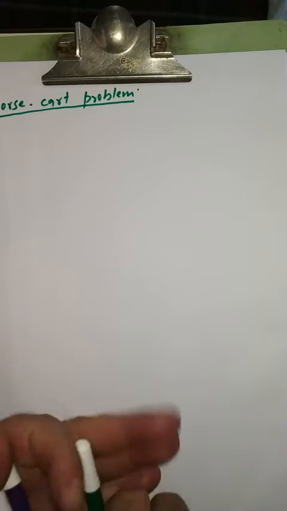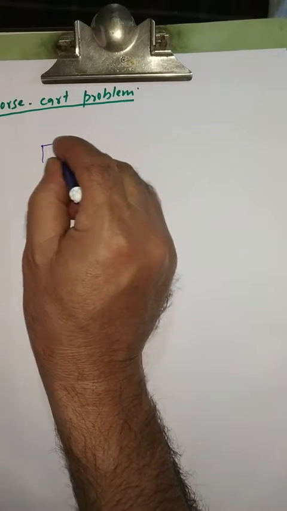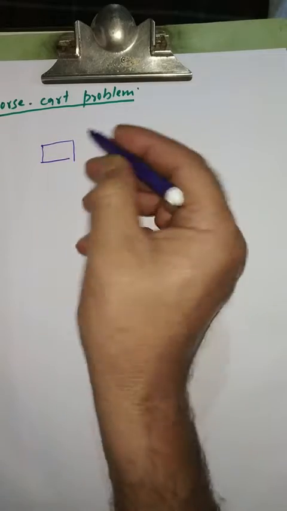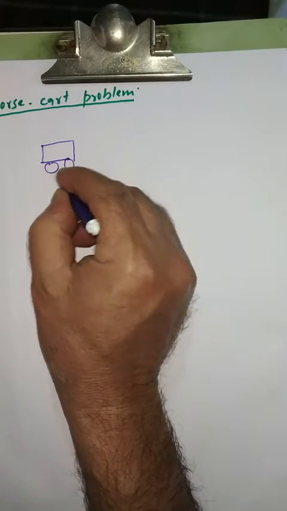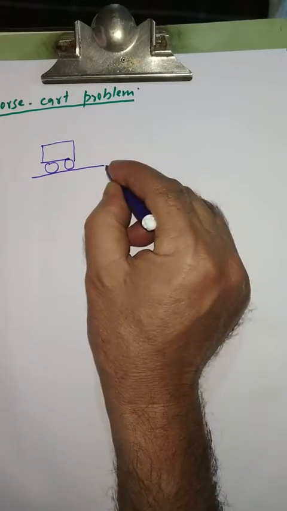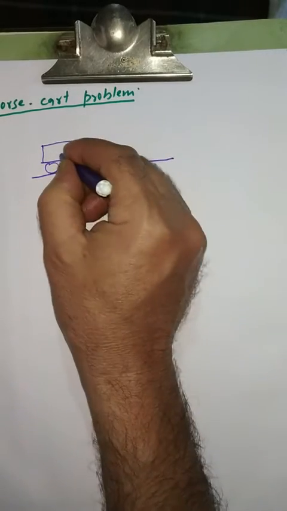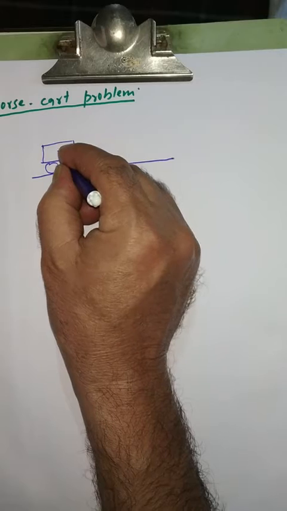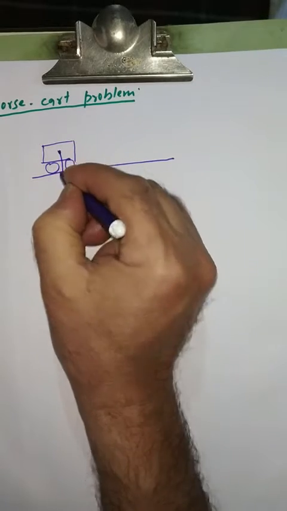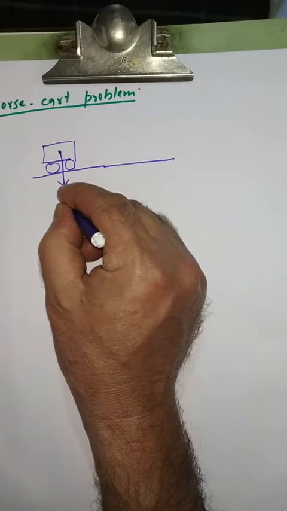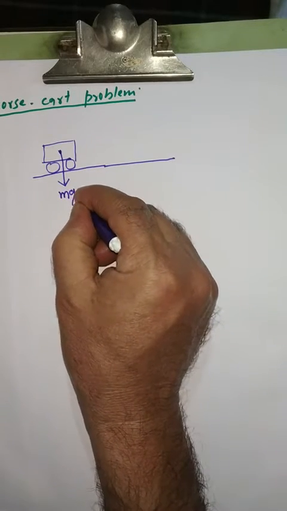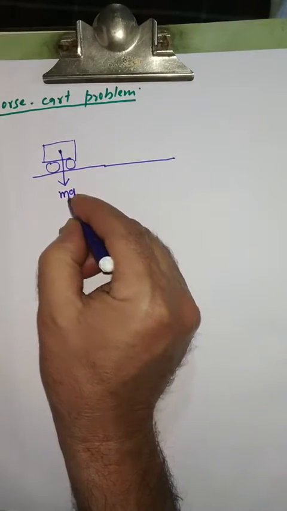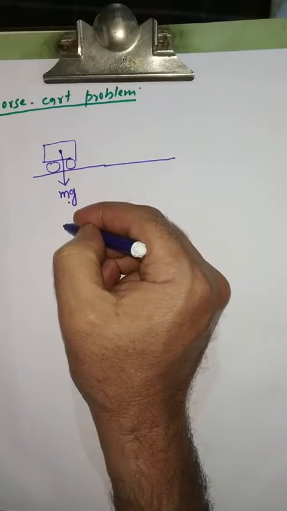ठीक. Let us suppose that this is a cart resting on the road. Let us suppose that it has a mass m and acceleration due to gravity is g, so that its weight is mg, which acts vertically downwards.